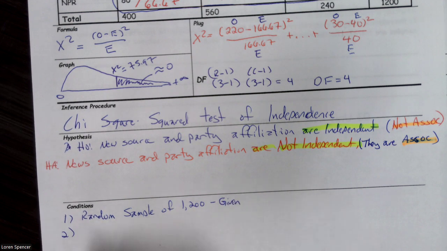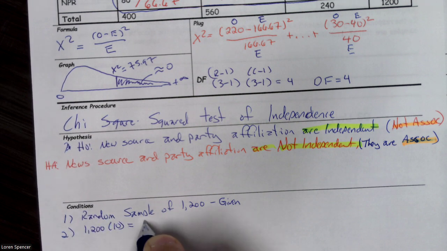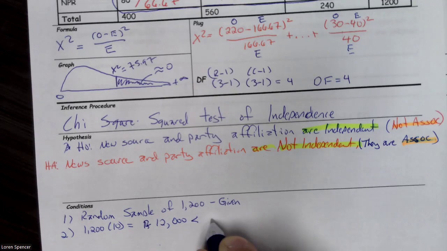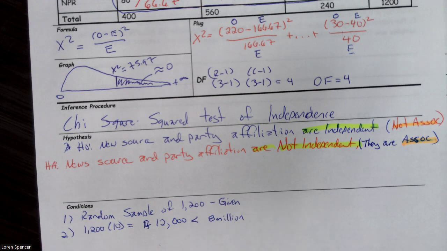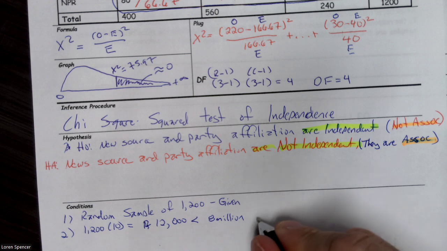Now we need to make sure our sample is not too big. We're going to go, all right, 1,200 times 10 equals 12,000. And that's less than 8 million. So N is less than 10% of the population.